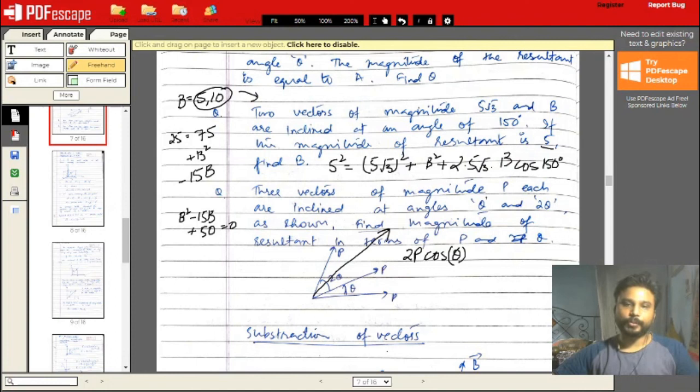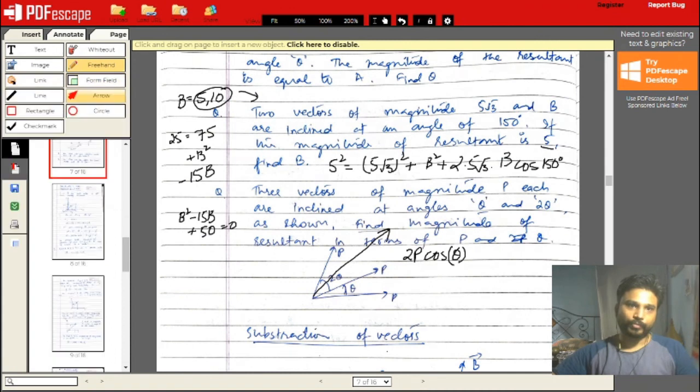Next we have to add this black vector with this one. So the angle between these two vectors, since this vector is bisecting these two, this angle is theta, then that angle again becomes 2 theta.